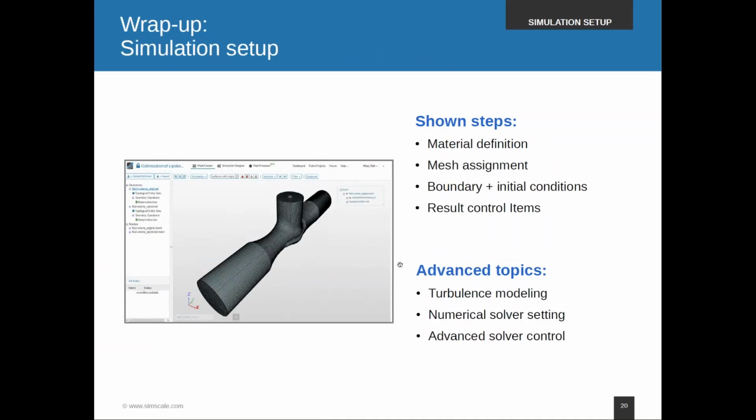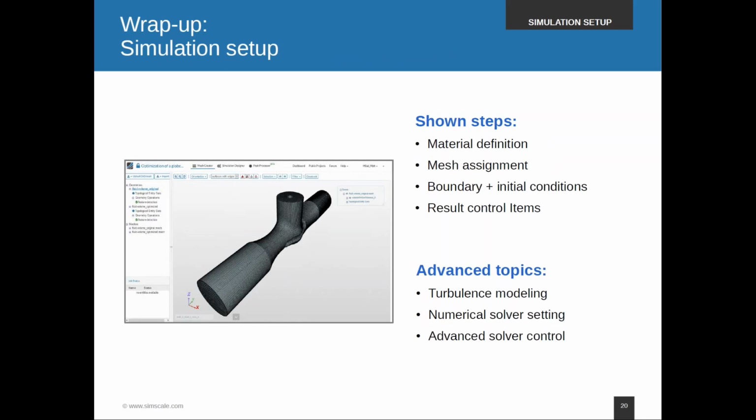Just to wrap up the steps we showed: together we assigned the mesh and defined the material of the fluid. We defined the boundary conditions, the turbulence parameters K and omega, the inlet, outlet, and walls, and a result control item.